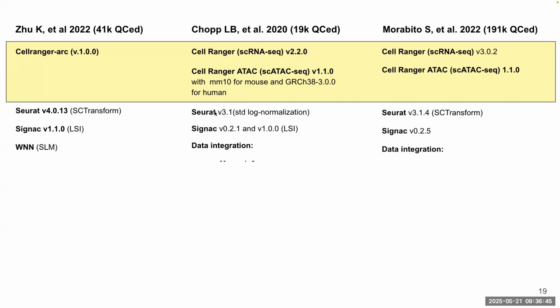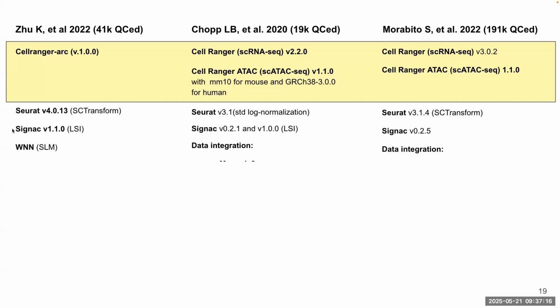While the second authors, to work with the transcriptomic data, use the standard normalization because it was not introduced in this version of CellRanger. This method of transformation was introduced later in version 4. It's the same reason with version 3.1.4, where this methodology was introduced.